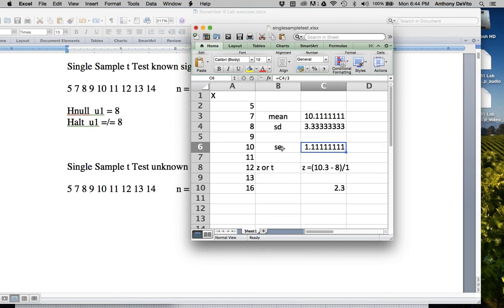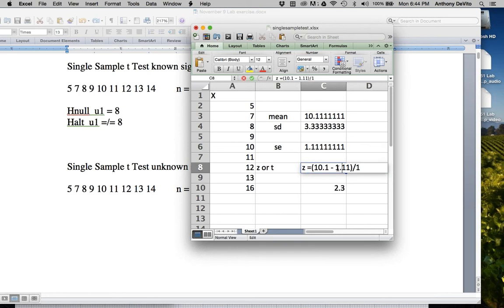So now my standard error is going to be 3.33 divided by 3, because the sample size is still 9. So my z-score now is going to be 10.1 minus, okay, 1.11. We should actually copy those values into a new formula, but I don't want to kill too much time here.